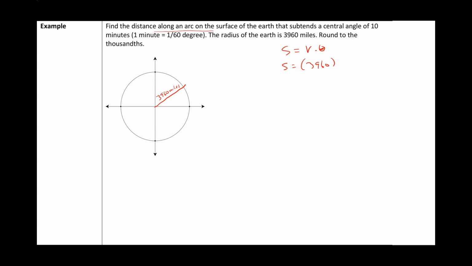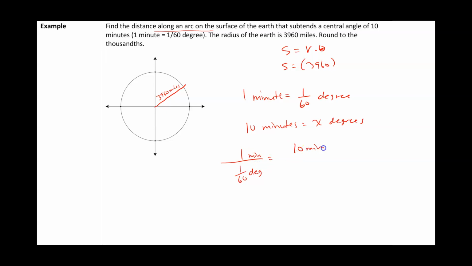Now we don't want minutes. We want this to be in degrees and then eventually in radians. So here's what we know. We know that 1 minute is equivalent to 1/60th of a degree. And so we want to know 10 minutes is equivalent to how many degrees. And once again, we can make this into a proportion.